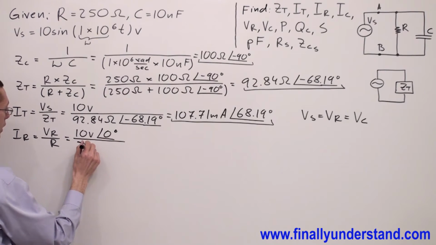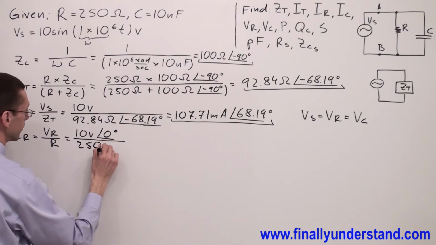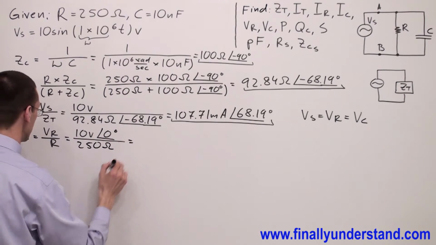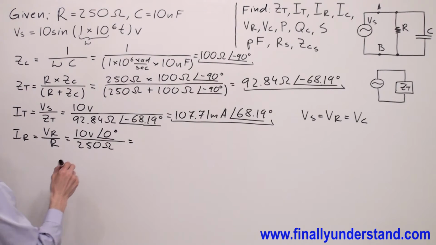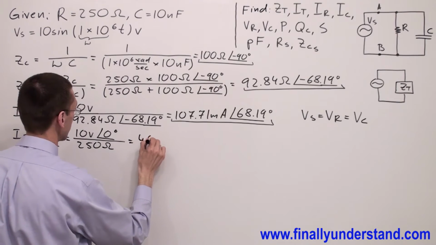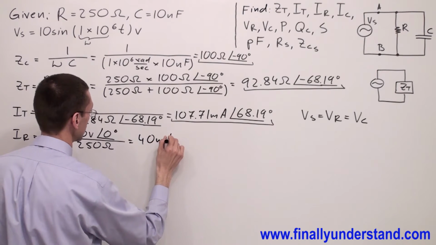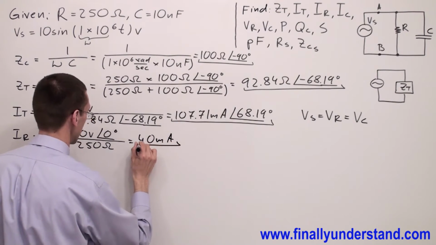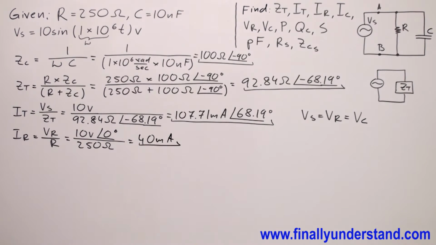Resistance is equal to 250 ohms. This is equal to 4 milliamps. This is my current which goes through the resistor.